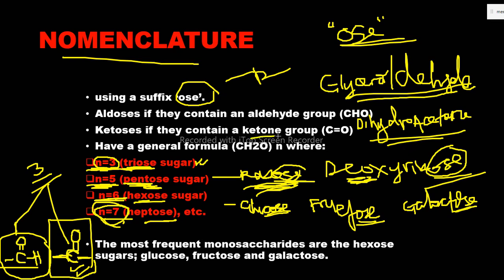So basing on the group that you have, that will determine which carbohydrate it is. And the most common monosaccharides are the hexose sugars, that is glucose, fructose, and galactose.